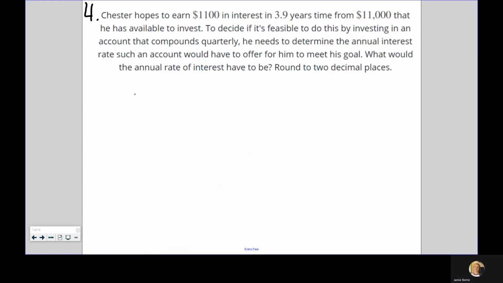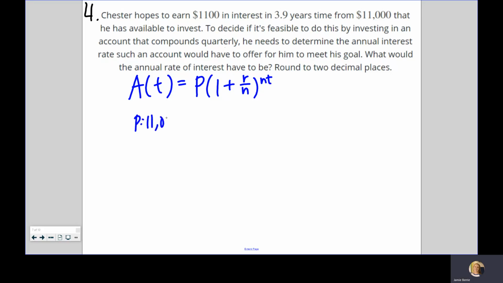All right, so let's write down our formula and figure out what we know. We have A of t equals P times 1 plus R over N raised to the NT. Now, we definitely know how much money he wants to earn. He wants to earn $1,100 in interest. So that's going to be his principal, which was $11,000.